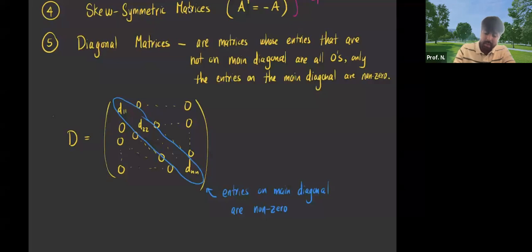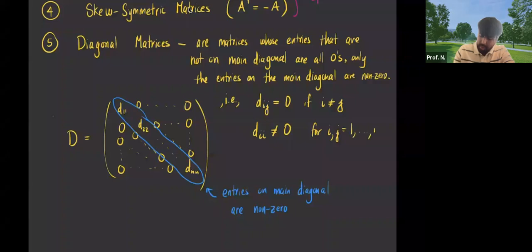So how can we describe that? I can say, in other words, that D sub ij equals 0 if i does not equal j, and D sub ii is not equal to 0, for i and j from 1 all the way through n.